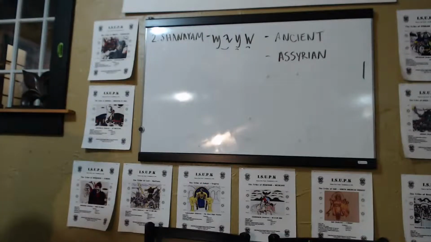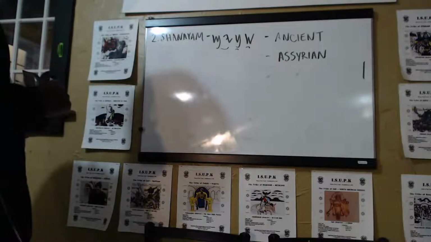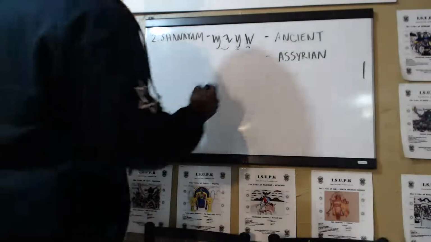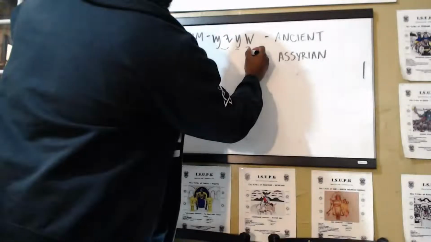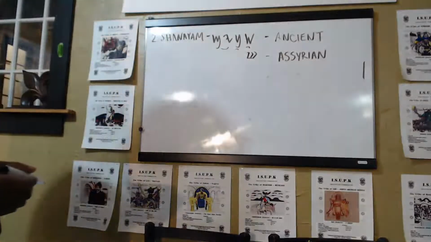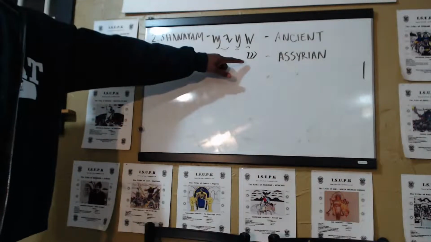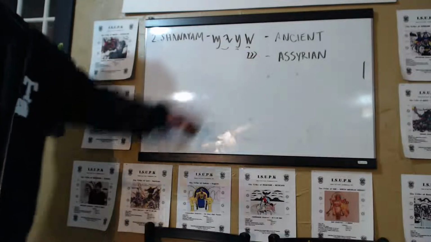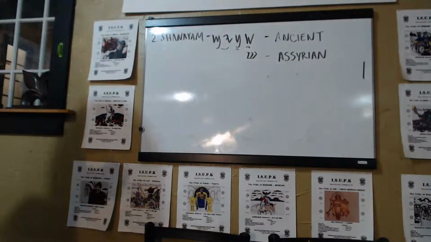All right, so now let's get the same characters. We're going to get it in Assyrian. The sh pretty much looks the same. That's a slight variation, but they both look like W's, right?